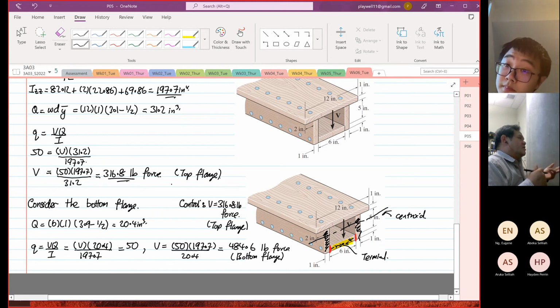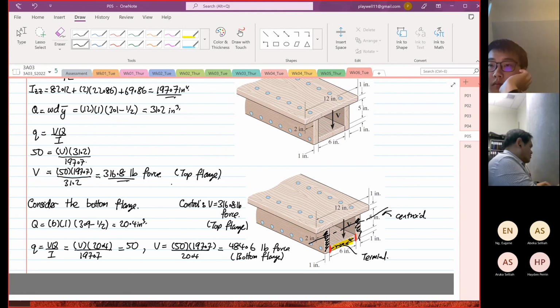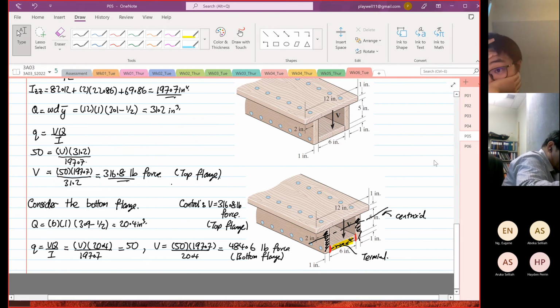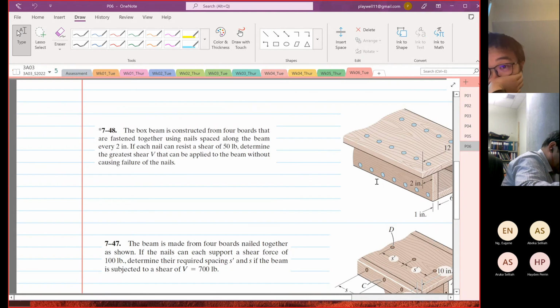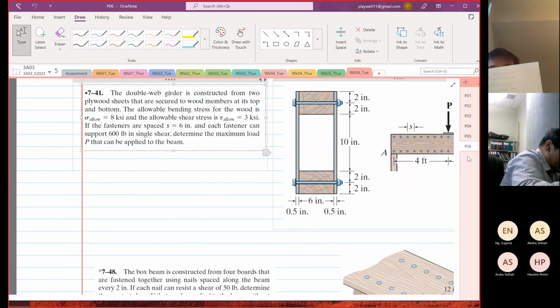So again, it's not the difficulty. Which first moment of area to consider? Okay, I'll do another example. I hope to finish more examples. So let me insert another page.